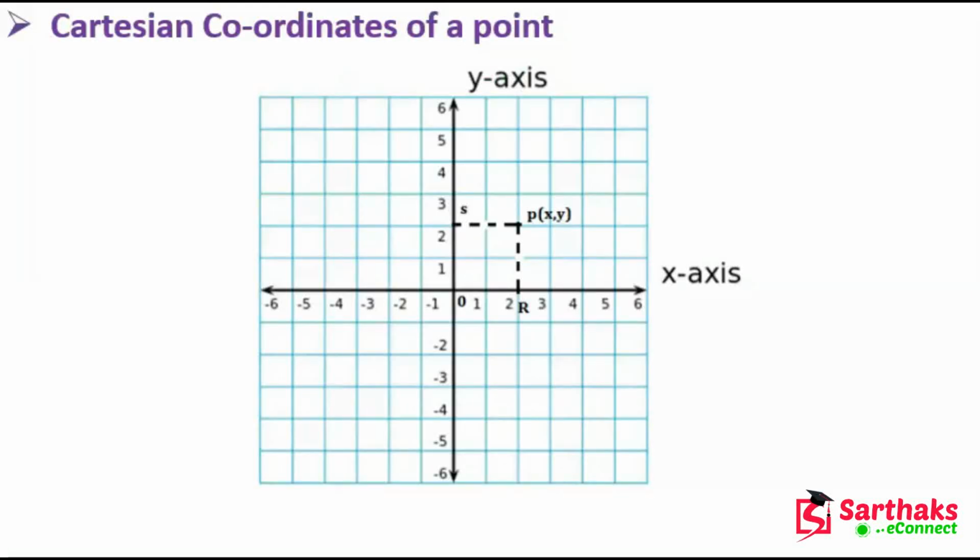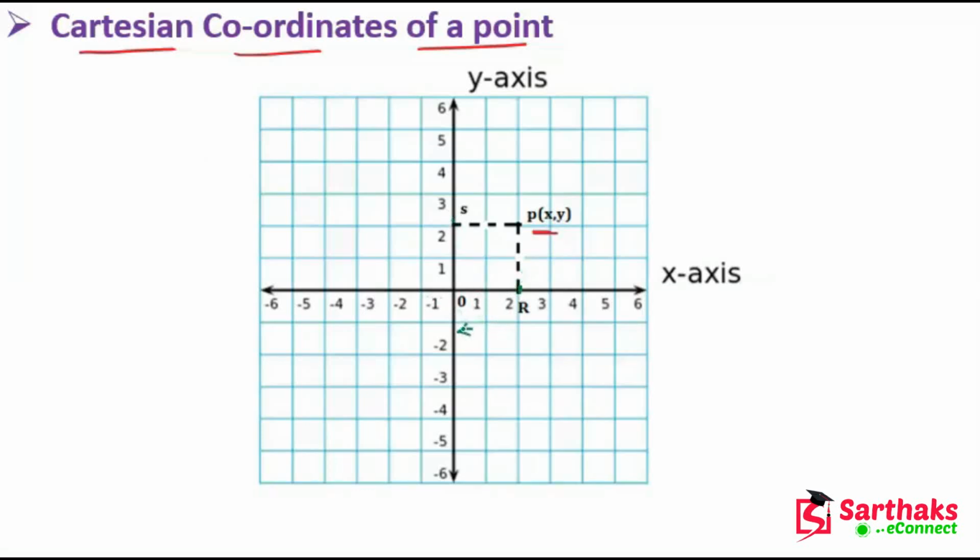Now the next topic is the Cartesian coordinates of a point. Let's consider a point P with coordinates x comma y. Here is the R point and here is the S point.